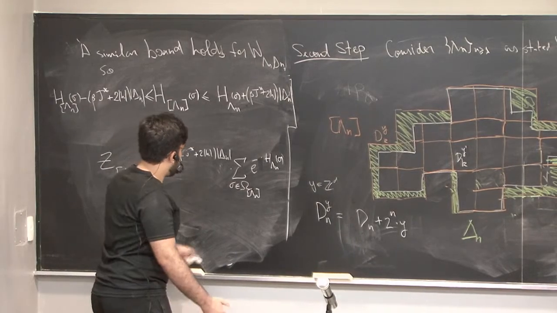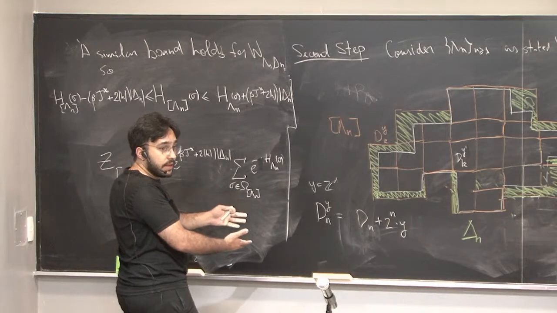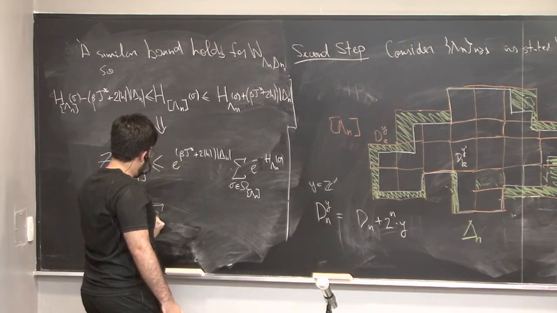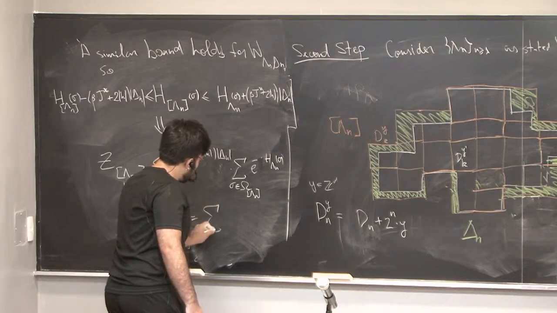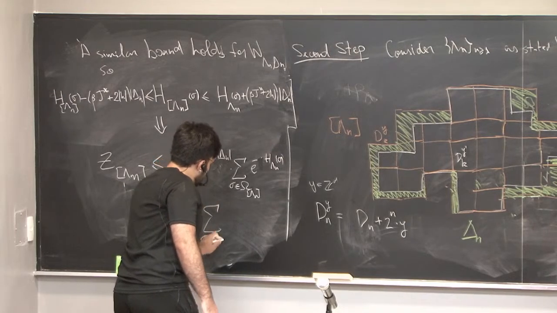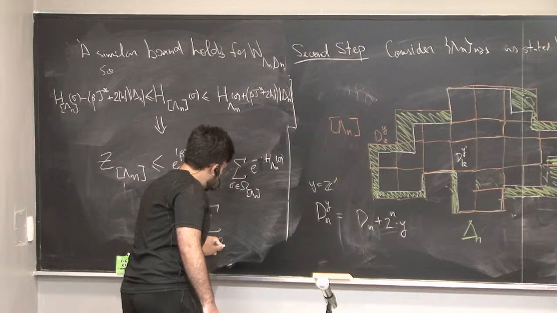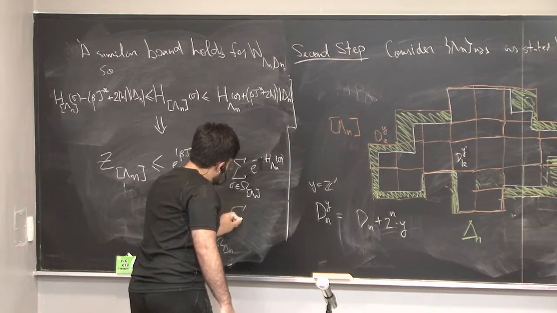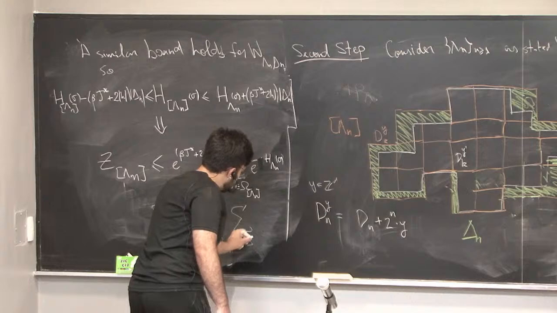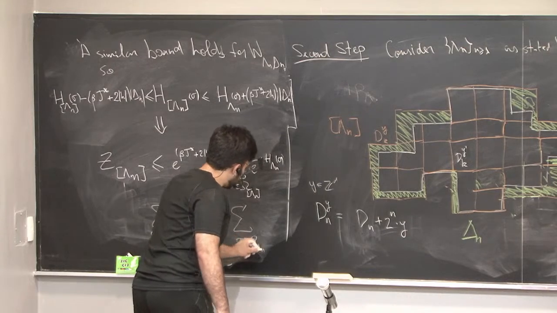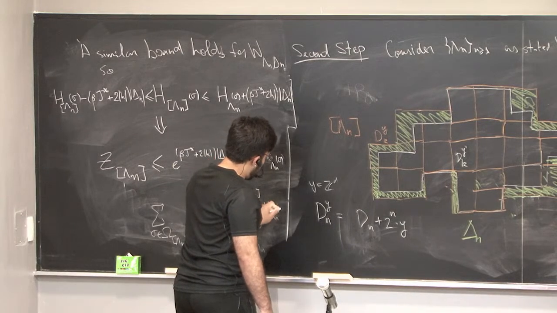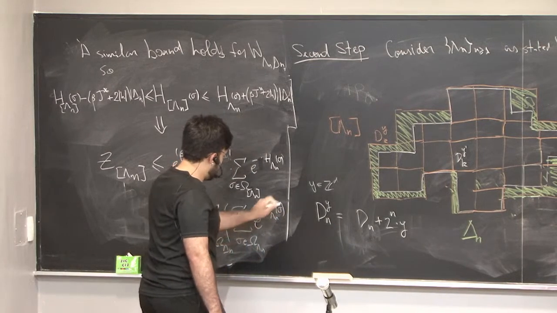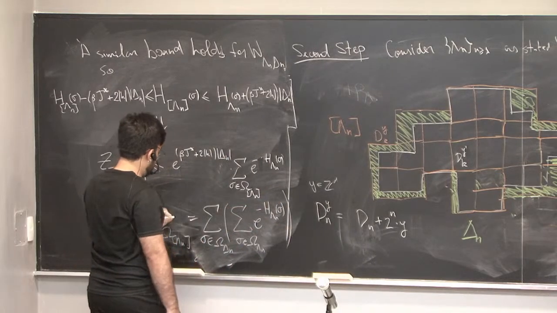So what I do is that I can split this sum again as a sum over configurations inside lambda n, and after that summing over all the configurations inside delta n. And now I have something nice because this will be the partition function.